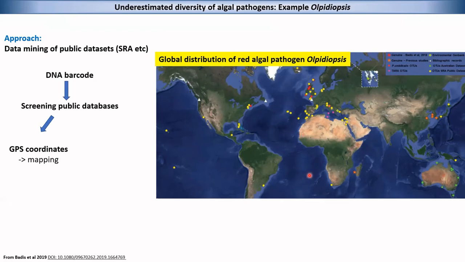Here in this graph, you can see the previously described Pediopsis pathogens as asterisks. And in circles, you can see the Pediopsis sequences that have been revealed by using this data mining approach. This really shows you a global distribution of this Pediopsis pathogen.